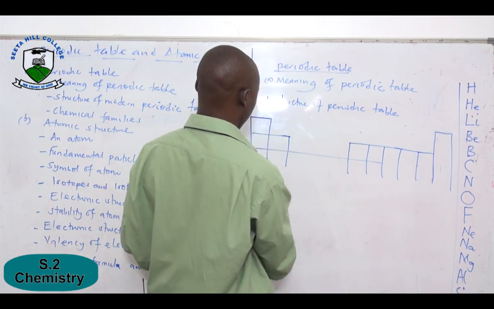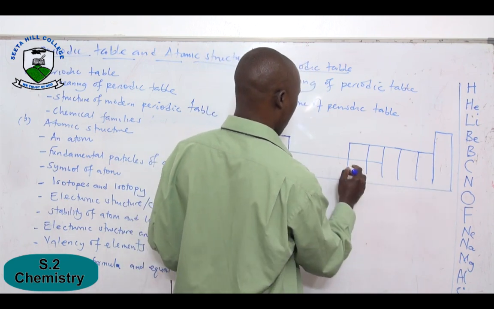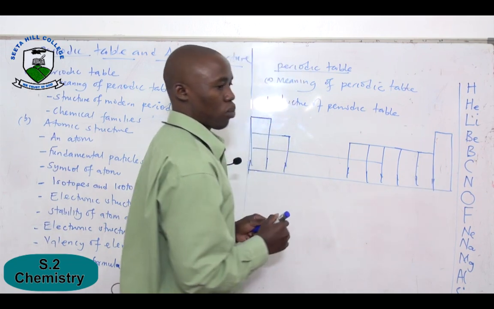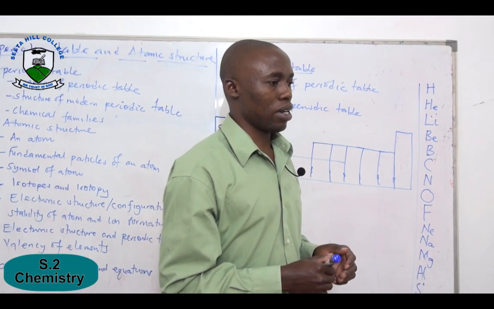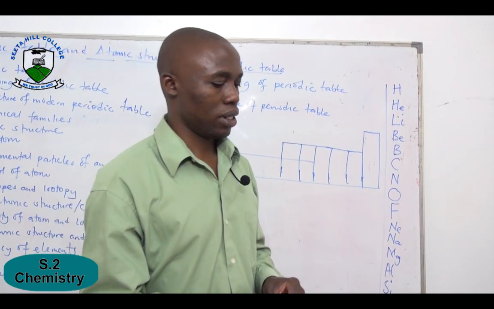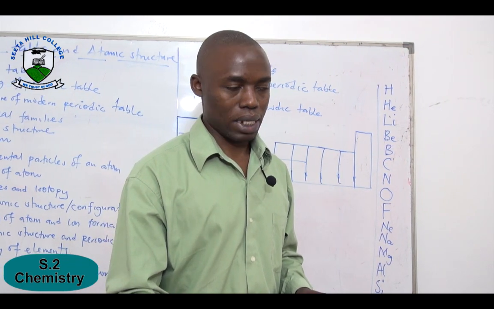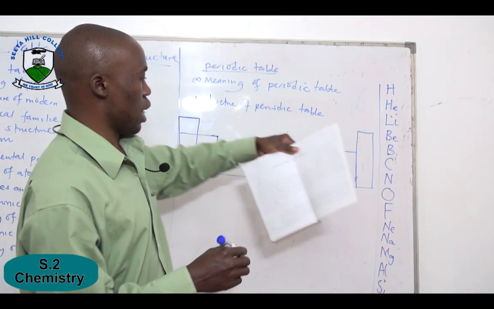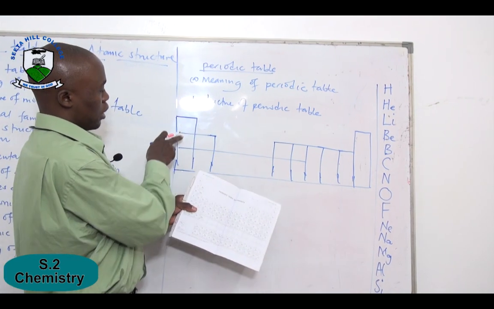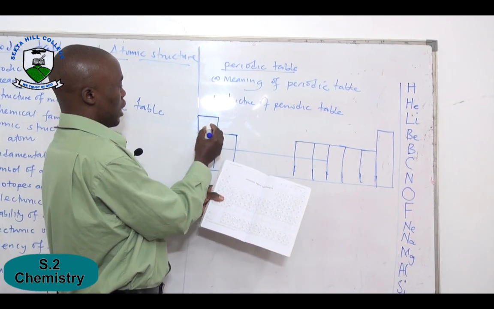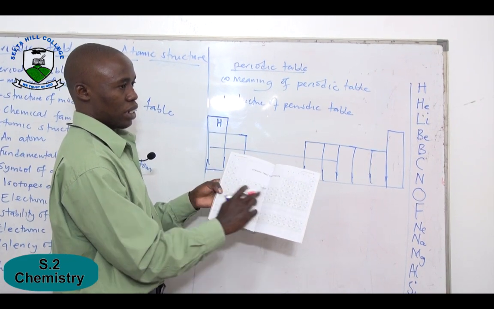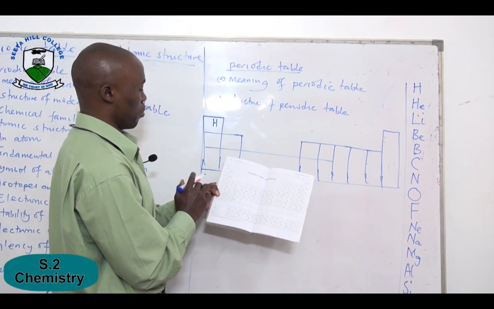Now, for us, we shall not handle all of it because it is so big, as you see. Yeah, as we see, there is H here, and the Holderness has given the name of each very, very well.